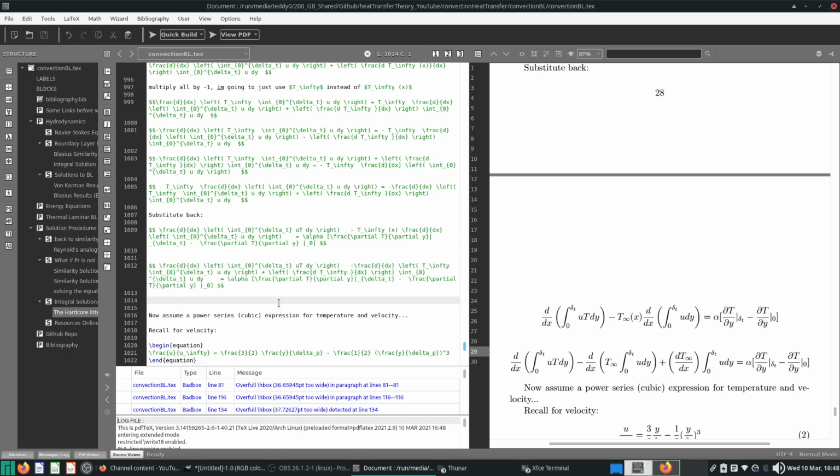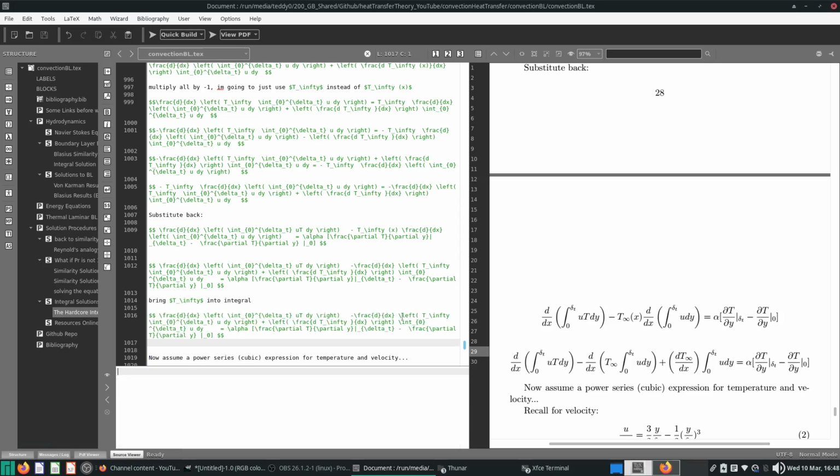And I'm going to bring t infinity into the integral. And how do I do that? T infinity is not really a function of y, so I can just bring the t infinity in.